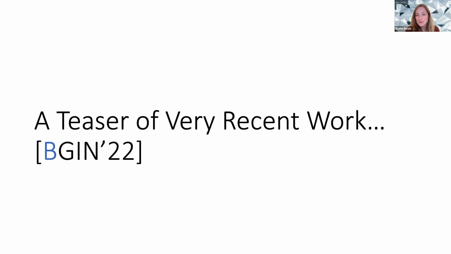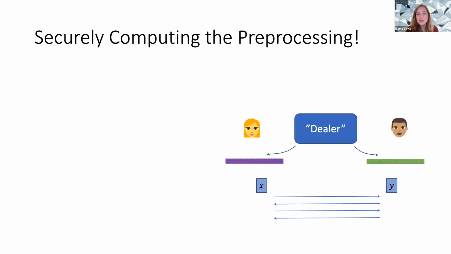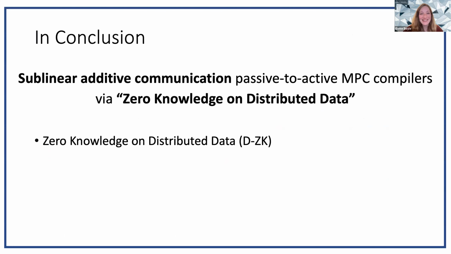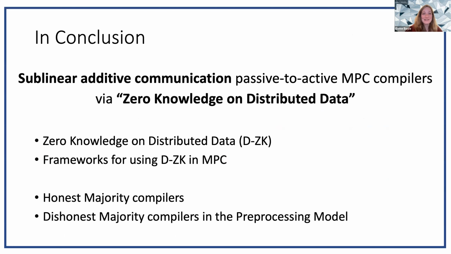Okay, so there's a recent work where we show how to emulate this dealer in even more exciting ways, but I've overstayed my welcome. So unless somebody asks a question about that, I'll keep it to this. So in conclusion, I've described to you this notion of zero knowledge on distributed data, and a collection of ways for using this for passive to active MPC compilers.